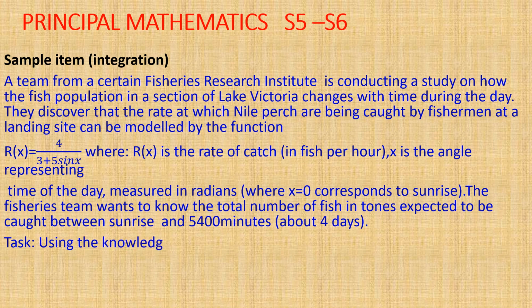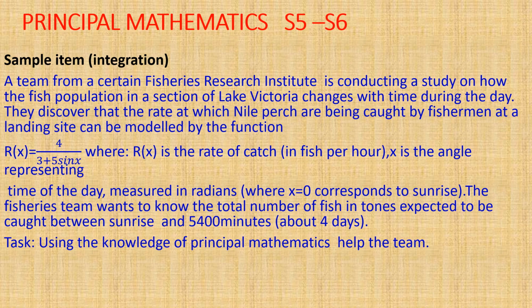The fisheries team wants to know the total number of fish in tons expected to be caught between sunrise and 5,400 minutes. That is about 4 days. Task: using the knowledge of principal mathematics, help the team.